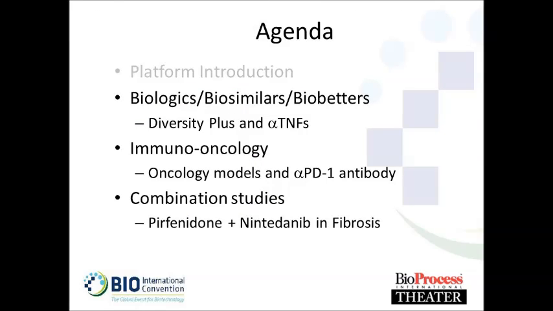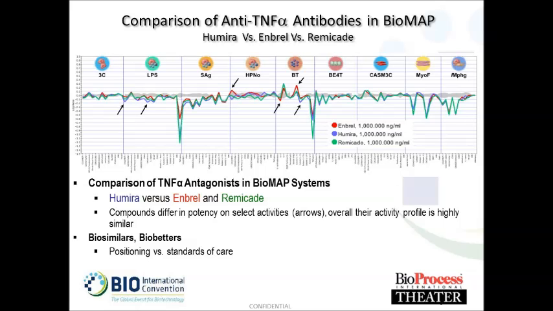I'm going to go through then 3 examples of different applications of the technology, the first in biologics. And this is a comparison of different anti-TNF alpha antibodies in our systems. So again, the systems are listed across the top here, various primary cells, stimuli present in them. And here we're looking, and again, any increase or decrease above or below this horizontal line, especially outside of this gray shaded area, are changes in biomarkers specifically induced by the drug, either increase or decrease.